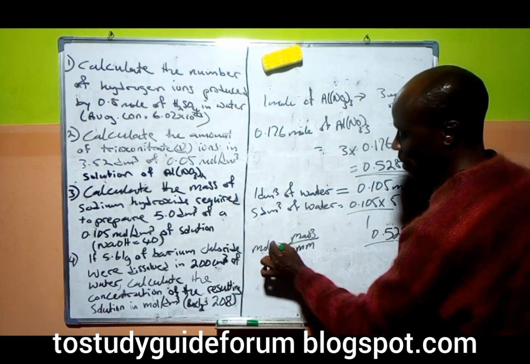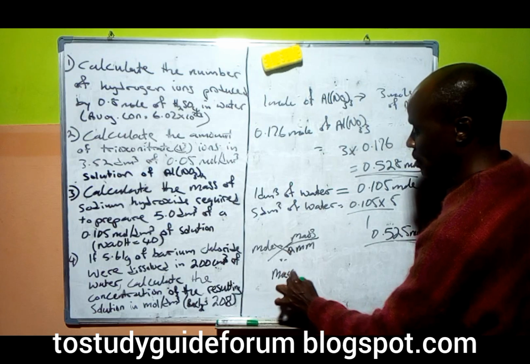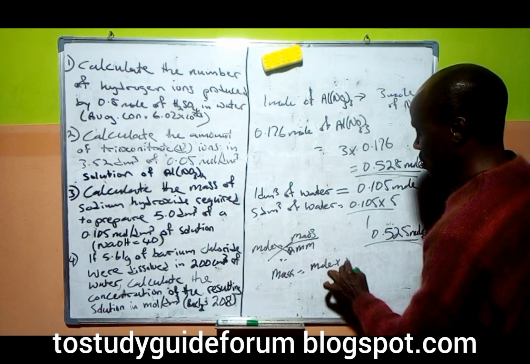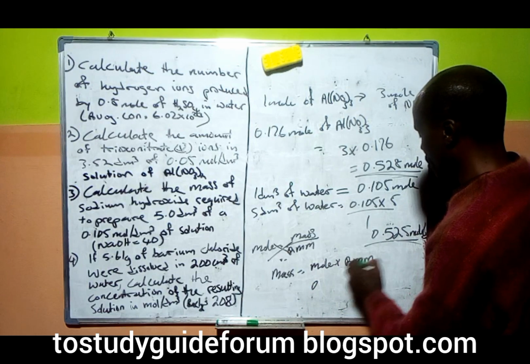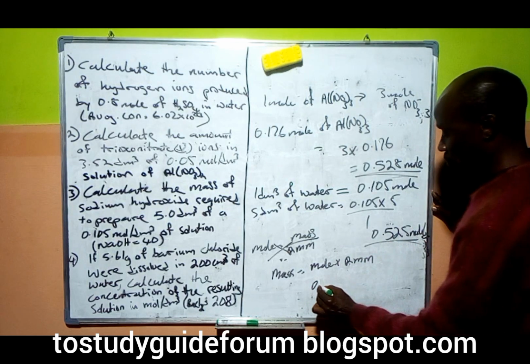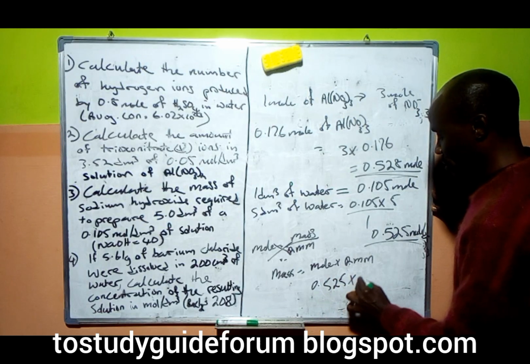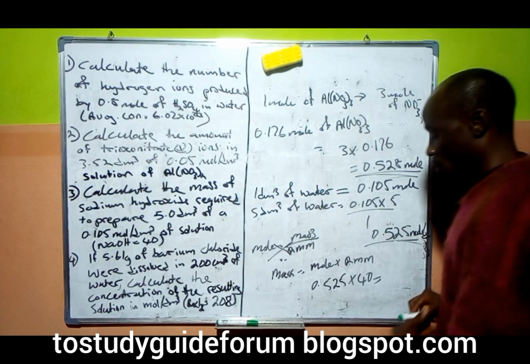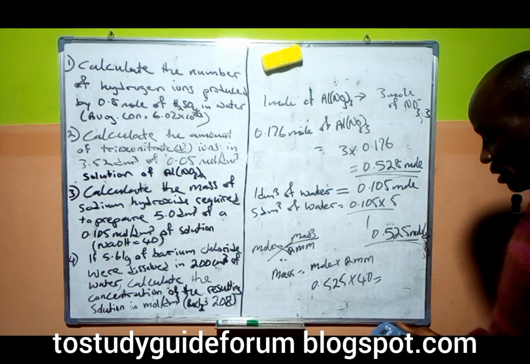Now, if you cross multiply this, what we have is mass is equal to mole times relative molecular mass. That is to say, our mole is 0.525 times relative molecular mass of sodium hydroxide. We multiply by 40.